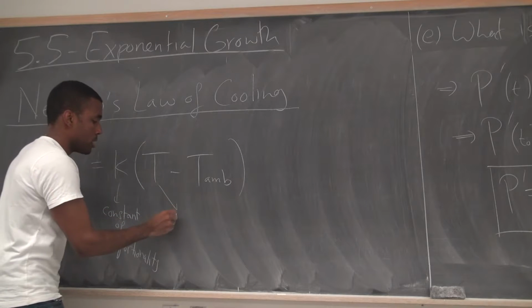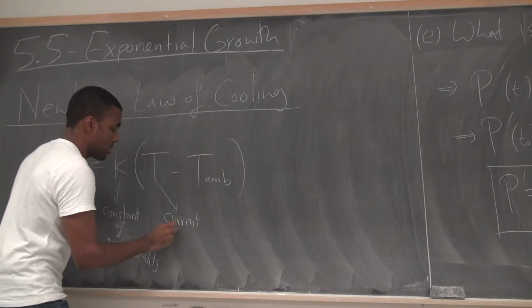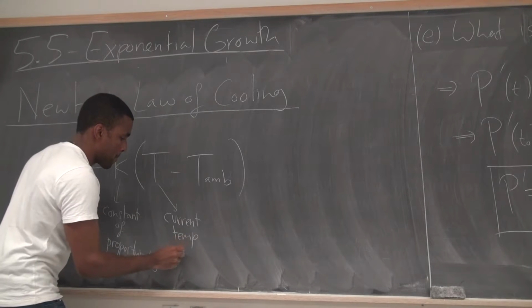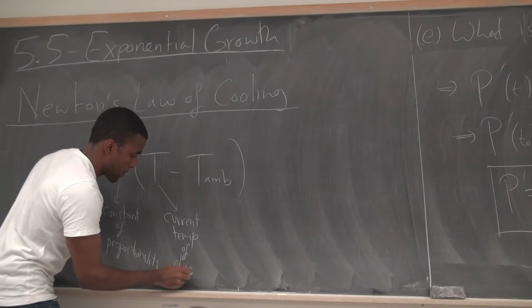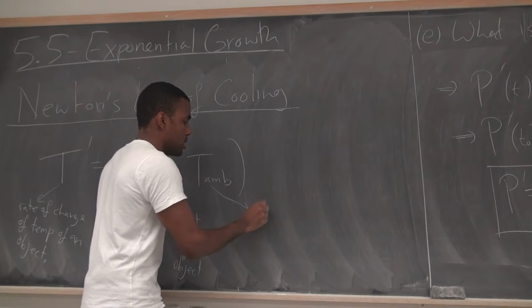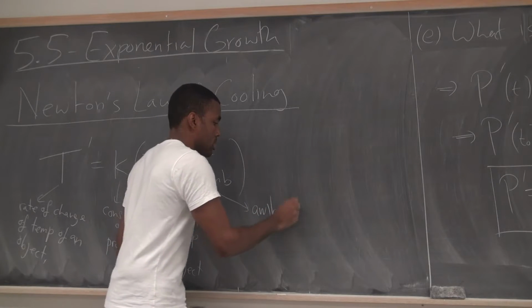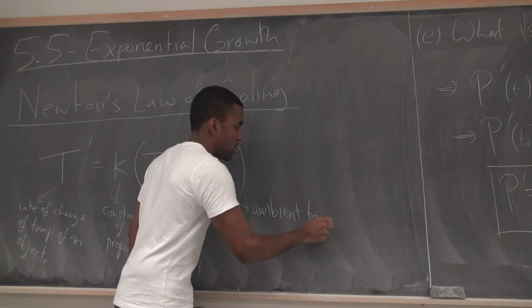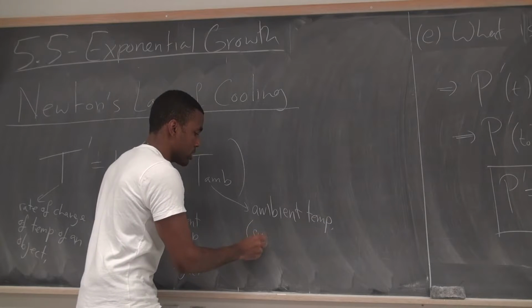T is the current temperature of the object. This stands for the ambient temperature, a fancy name for surrounding temperature.